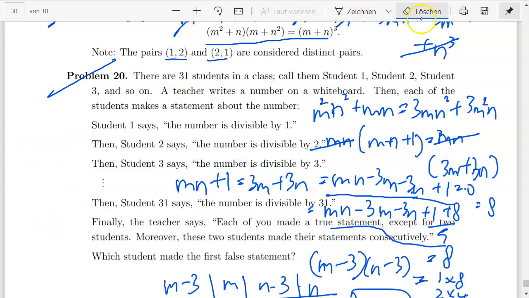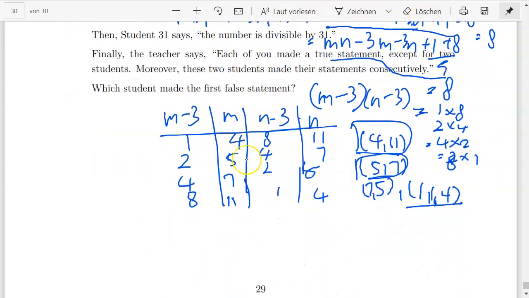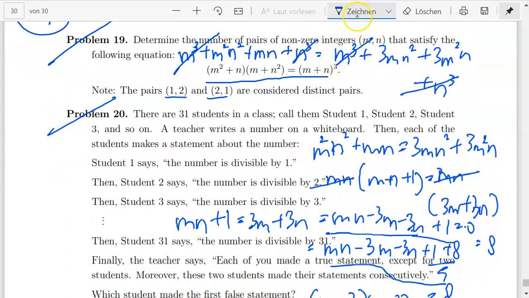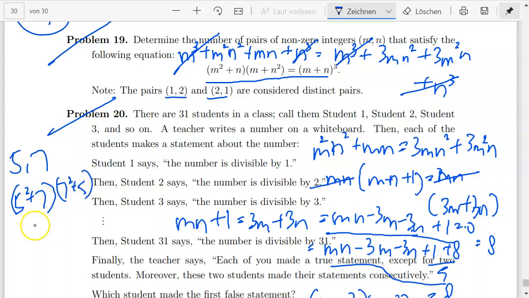And now what we want to look at is the pair 5, 7. So 5 squared plus 7 times 7 squared plus 5 is 5 plus 7 cubed. So this one is 32 times 54, this is 1728, and then 12 cubed is also 1728.